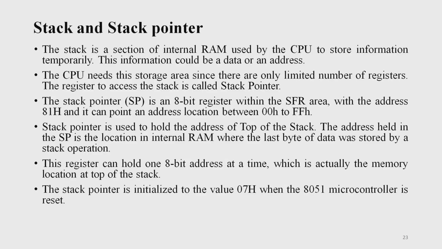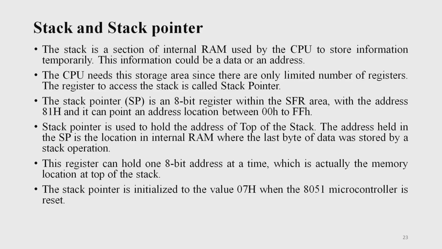Then, one more special feature in the internal RAM itself is the stack and the stack pointer. Here the stack is a section of the internal random access memory used by the central processing unit to store information temporarily. This information could be data or an address. The CPU needs this storage area since there are only a limited number of registers.